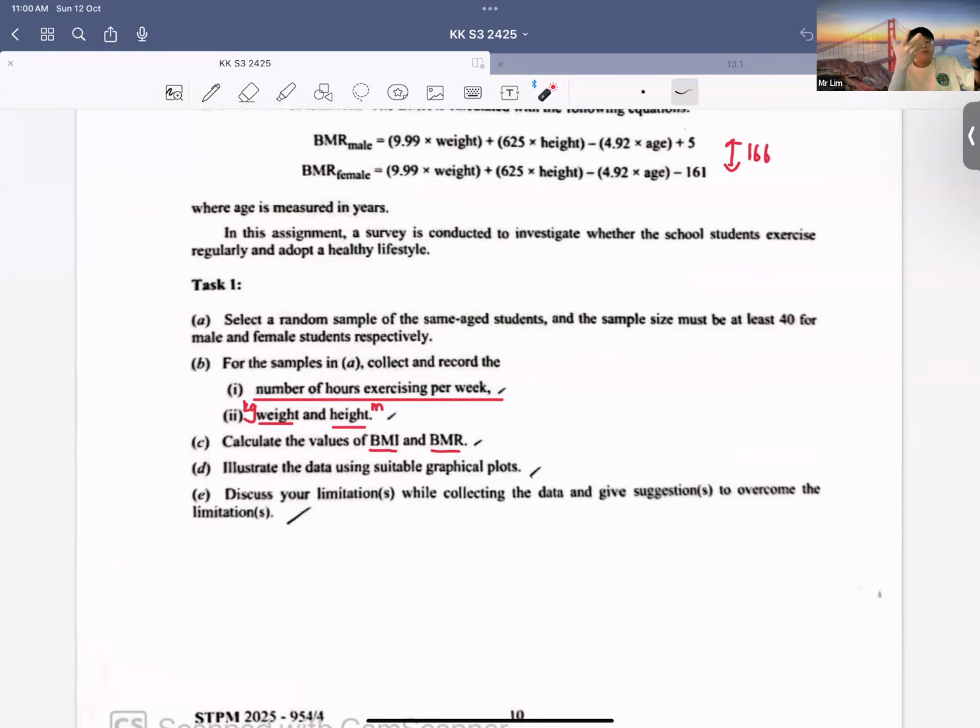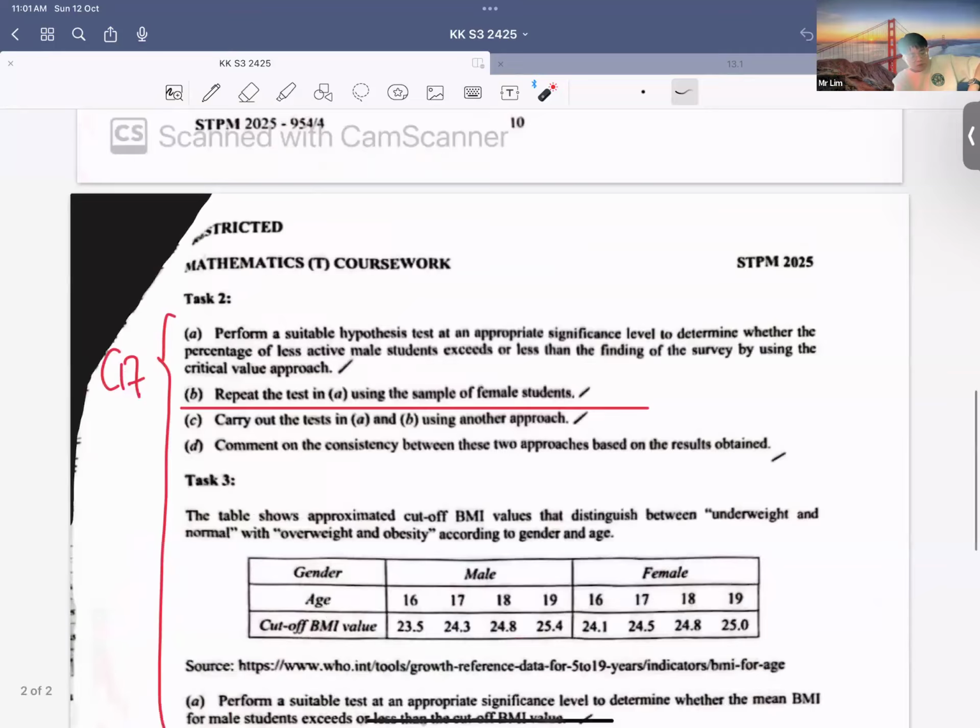In your methodology, you state that you will collect data and generate graphical plots. In the conclusion, you state the data collected and what the results are: the male has this, the female has that, like that. I will only do this part.